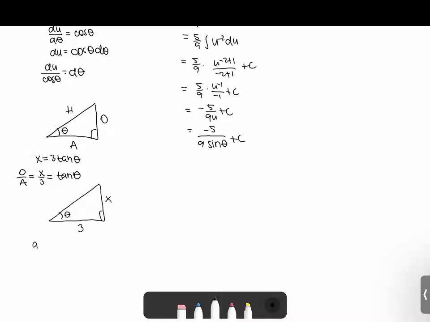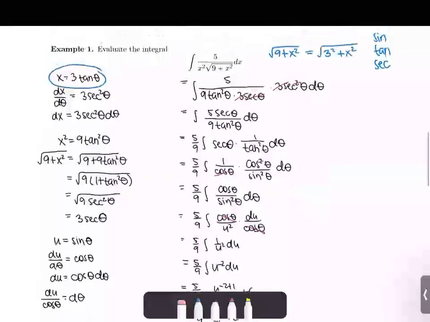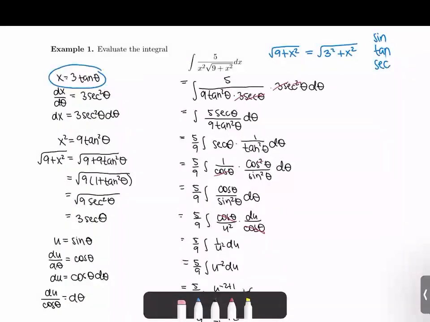We just know that a squared plus b squared equals c squared. So that means if we're solving for c, which is our hypotenuse, it's the square root of a squared plus b squared. So this is going to be the square root of 9 plus x squared is the length of our hypotenuse. And so one indication that you're on the right track is that this was the original square root we started with, the square root of 9 plus x squared.